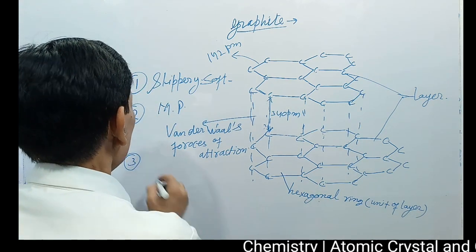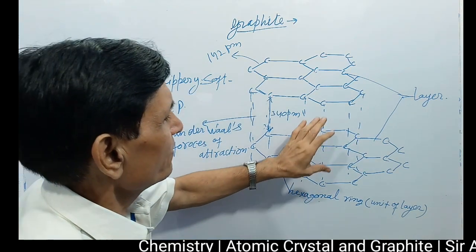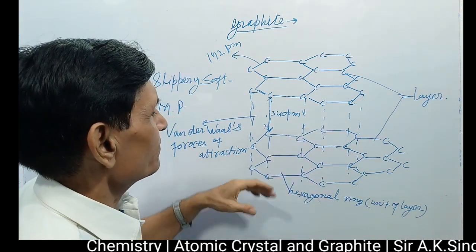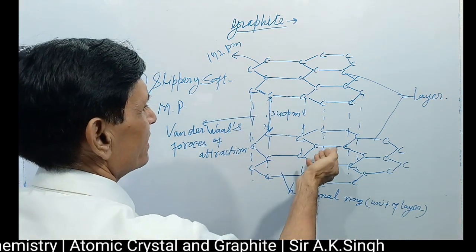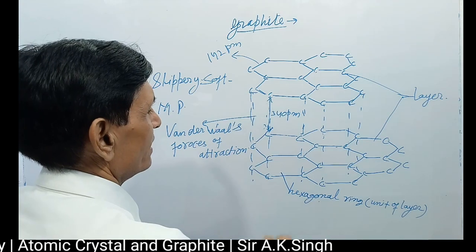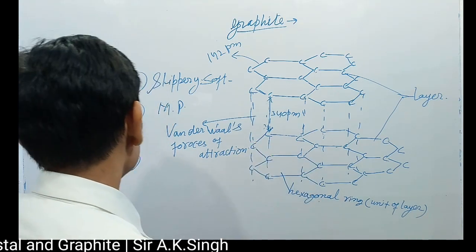Now number 3, graphite is a good conductor of electricity due to the presence of delocalized free electrons which are free to move. It is a good conductor of heat and electricity. Only 3 electrons are involved in bond formation, and the 4th electron is a delocalized free electron. This is why it is a conductor.